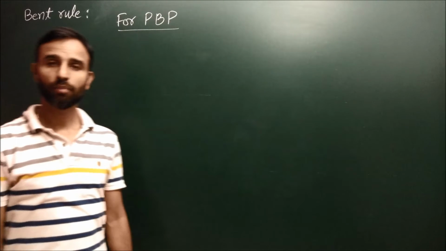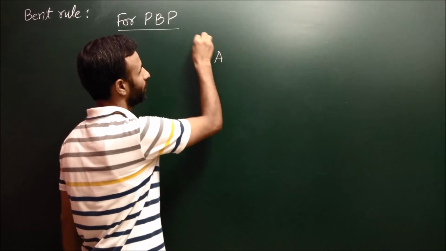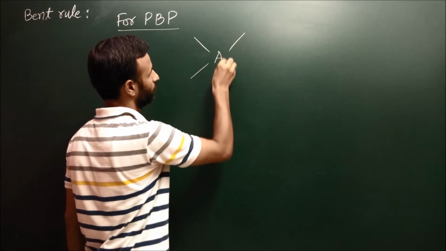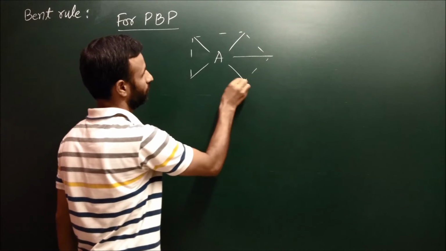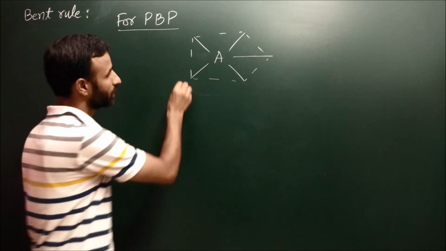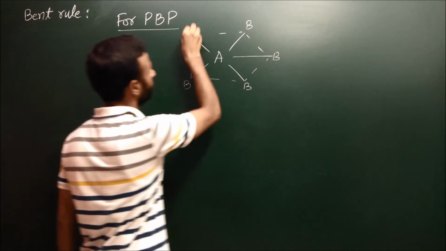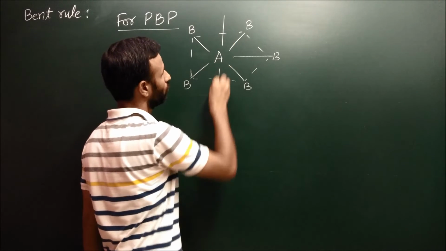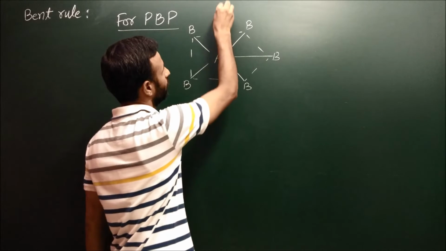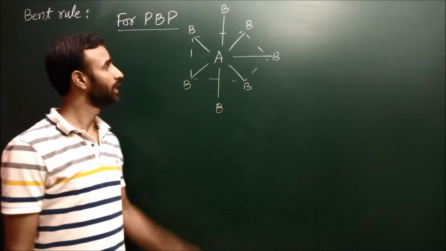For pentagonal bipyramidal geometry, you know, five bonds are in plane at 72 degree and one above the plane, other below the plane.